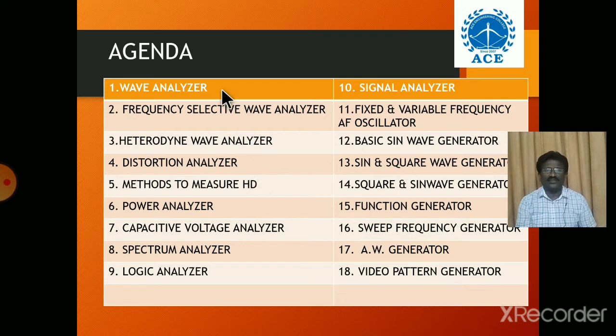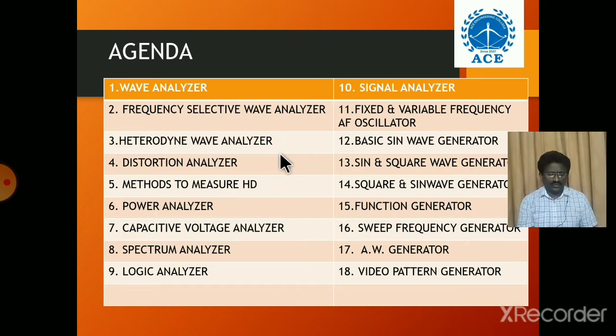These topics belong to wave analyzers. The second part is signal generators. It has topics as fixed and variable frequency oscillator, basic sine wave generator, sine and square wave generator, square and sine wave generator, function generator, sweep frequency generator, arbitrary wave generator, and pattern generator. So these are the topics in Unit 2.